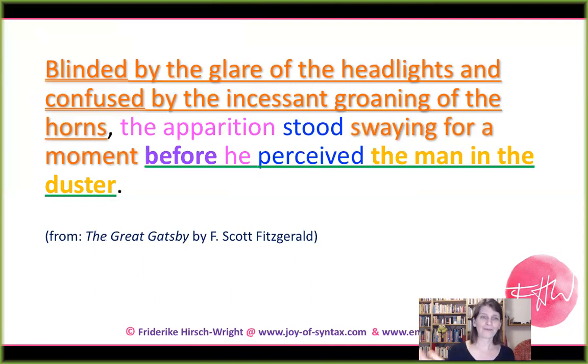It was swaying. And then we have an adverbial, which is actually an adverbial subclause attached to the whole thing. A very wonderful sentence. I love The Great Gatsby for many reasons, and one of the reasons is that I think it's chock full of interesting sentences.